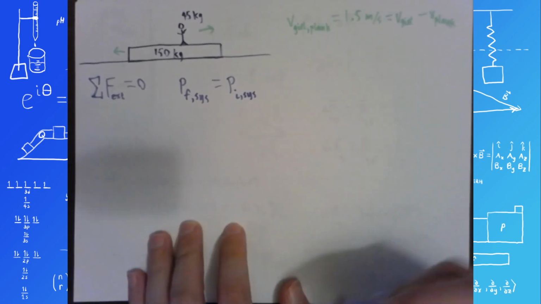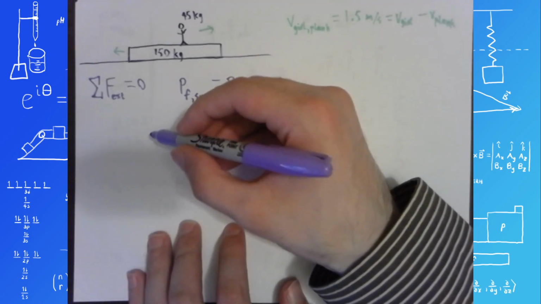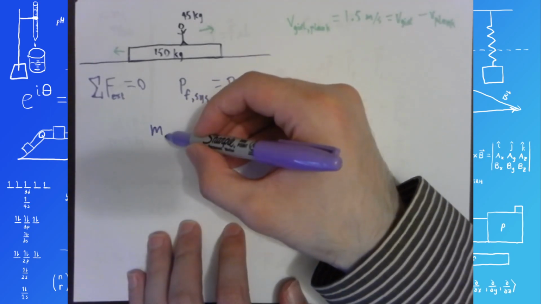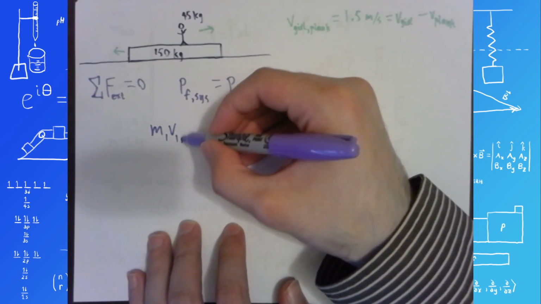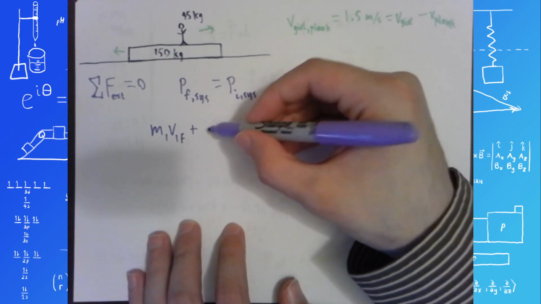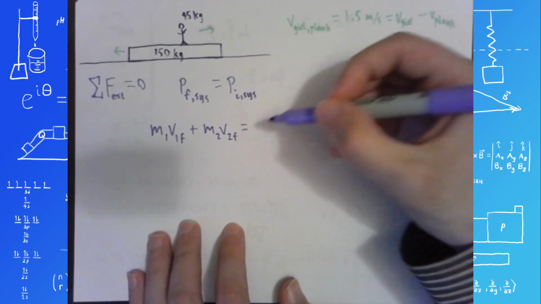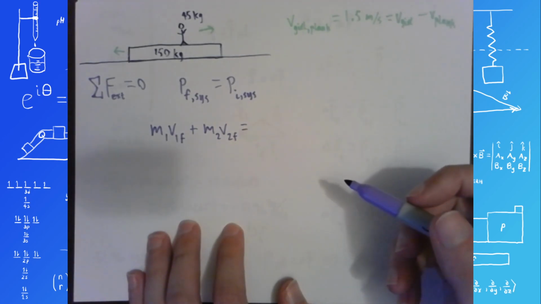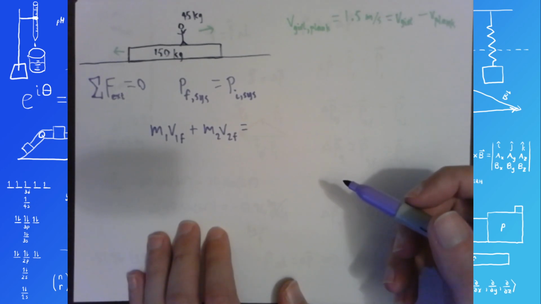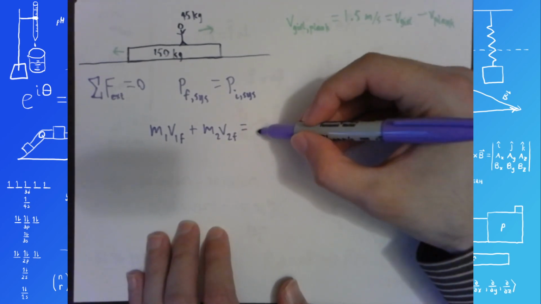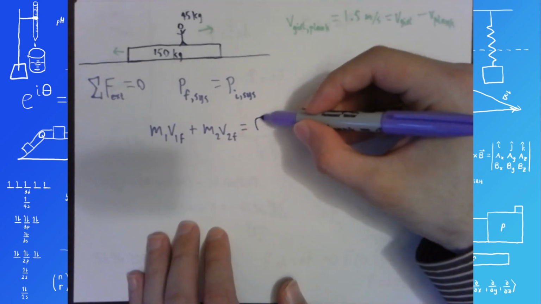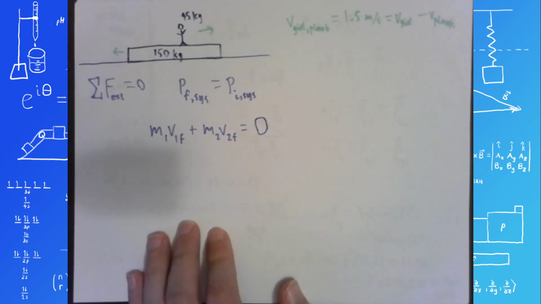Final momentum of the system would be m1 v1 final plus m2 v2 final, equals initial momentum of the system, m1 v1 initial plus m2 v2 initial, but we already know both started at rest, so the initial momentum was 0. I'll say that object 1 is the girl and object 2 is the plank.